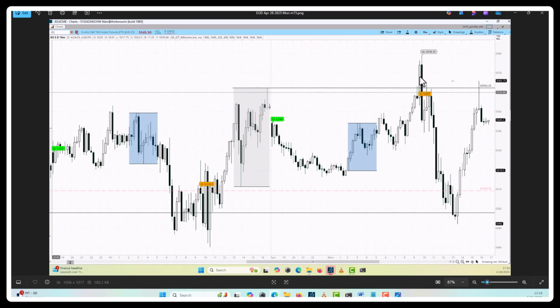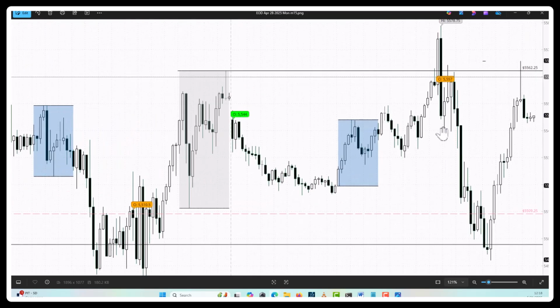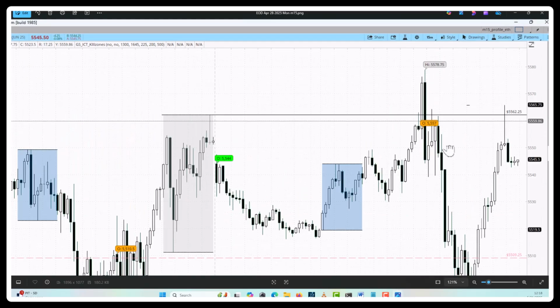So right here on Monday, April 28th, we see that this is a typical Judas swing. But we can see that we do have a pattern right here. It tests from below. You see it takes the level 55.62 right there. Tests from below and reverses right there. But the trick is that the level is too far down here.